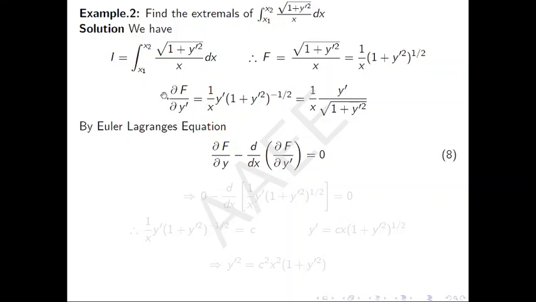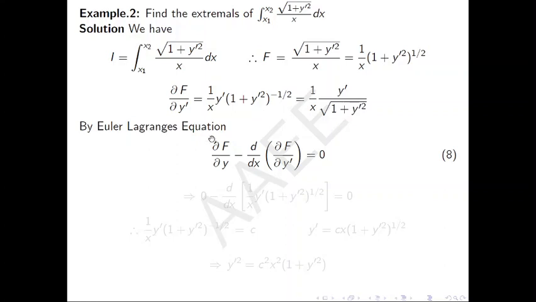Therefore, the partial derivative ∂f/∂y dash is equal to 1 by x as it is, and the derivative of a term f of x raised to n is n, that is 1 by 2, times (1 plus y dash square) raised to 1 by 2 minus 1, that is minus 1 by 2, and the derivative of y dash square is 2y dash. If I simplify it, I get 1 by x times y dash times (1 plus y dash square) raised to minus 1 by 2, which can be written as 1 by x times y dash upon under root of 1 plus y dash square.